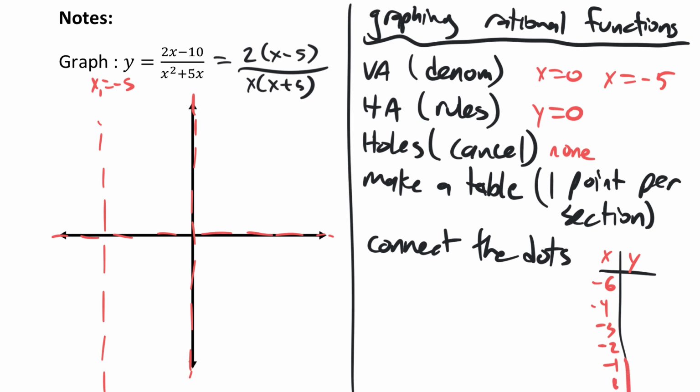That should give us a whole lot of information. So as you work these points out, you should get negative 11 over 3, 9 over 5, 8 over 3, 7 over 3, 3, and negative 4 over 3.